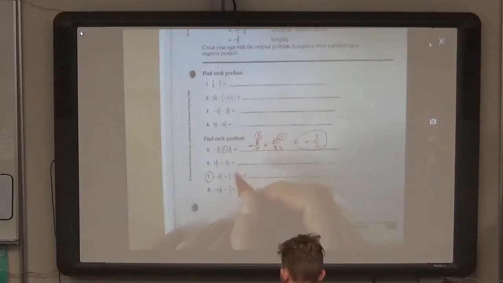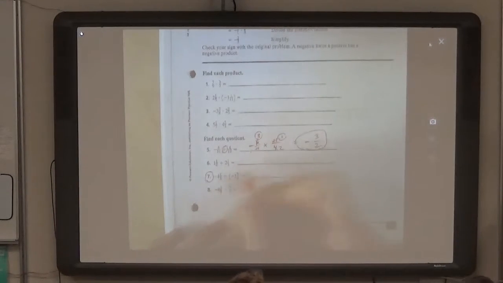First convert it to a top-heavy fraction. Negative 21 over 5. Keep the division sign. And change the second one. Negative 7 over 4. Then rewrite it.